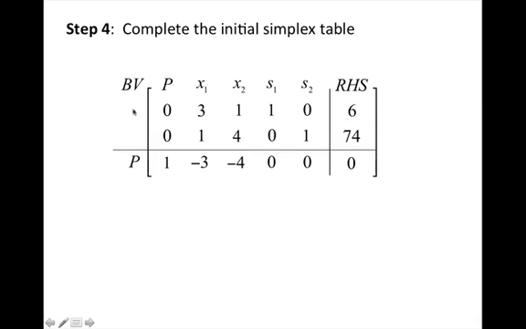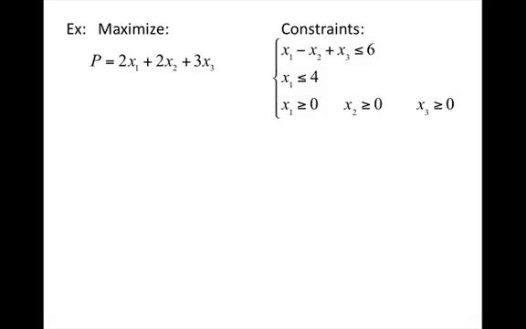The 1 is in row 1, so my first basic variable is S1. Then under S2, I have zeros and ones as well. The 1 is in row 2, so my second basic variable is S2. So this is the initial simplex table for the first example. Now let's look at the next example.